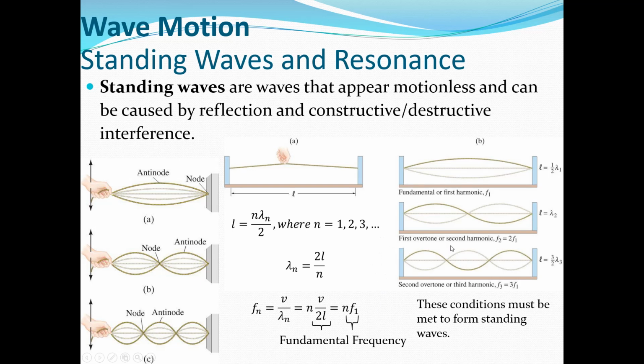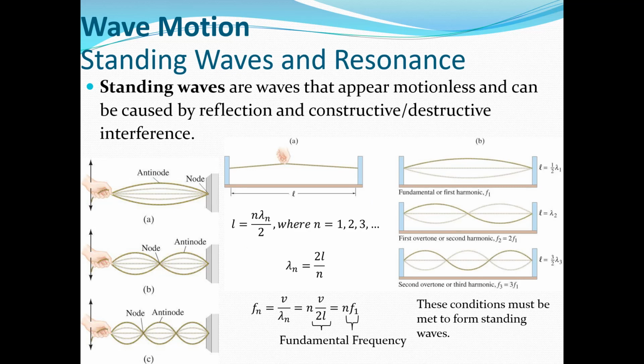Now, the one thing I want to mention is that these are the standing waves that could be created. This is the biggest standing wave that I can create, and then this is the next one that I can create. The reason being is I need to satisfy the condition that at these two ends there must be a node.